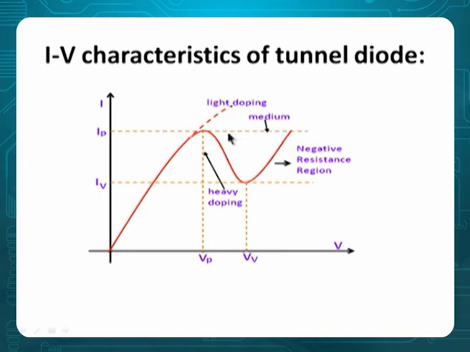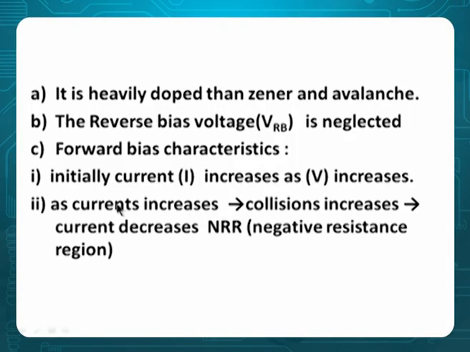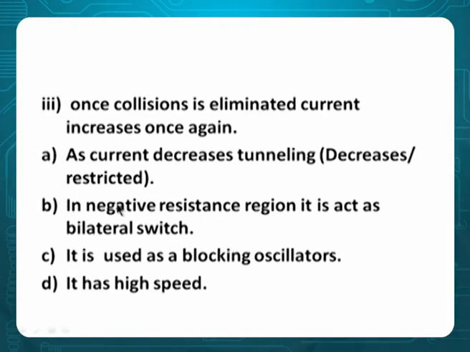So these operations are very simple, and the negative resistance region has applications. It is more heavily doped than Zener, silicon and avalanche diodes. Reverse voltage is neglected. In the forward bias characteristics, the initial current is increasing and then increases further. Because of the collisions, it gets decreased, and that's called the negative resistance region. Once collisions are eliminated, the current increases once again.